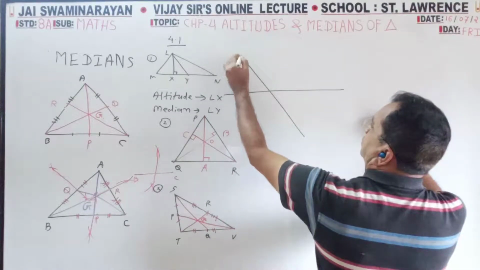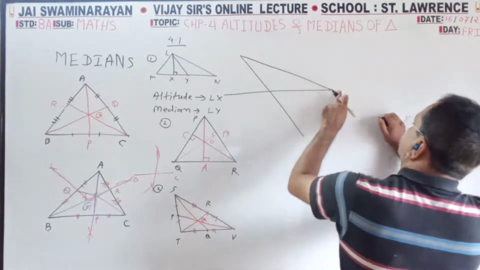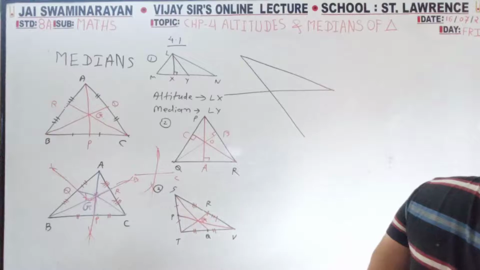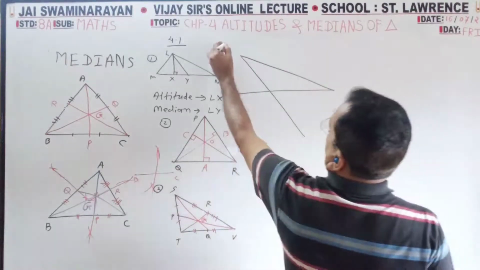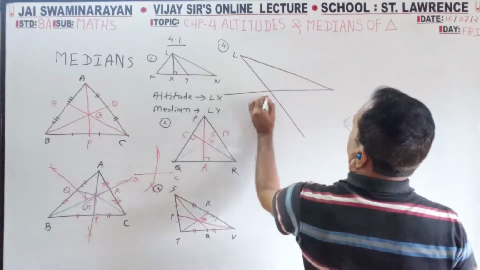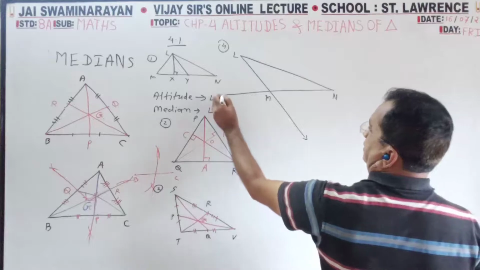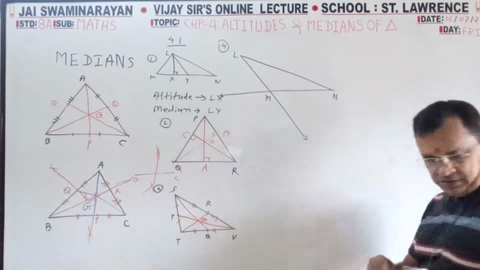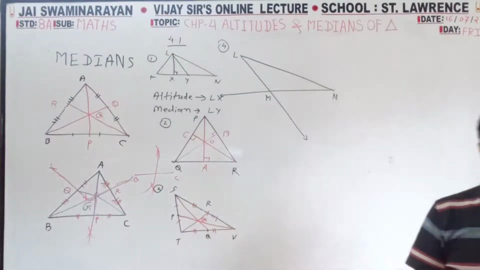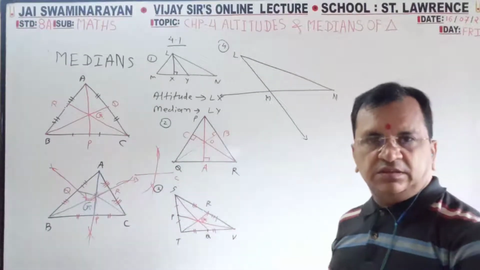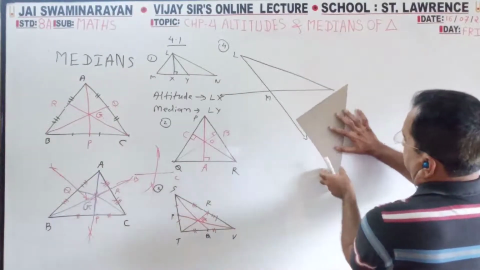Like this you have to do, because you can slant with that, you can slide. Fourth, L, N. Now with this, slide on this line.